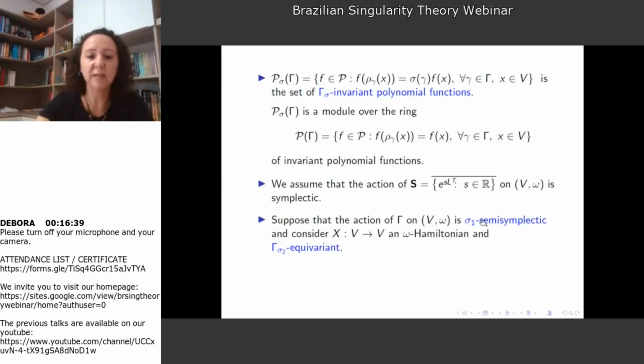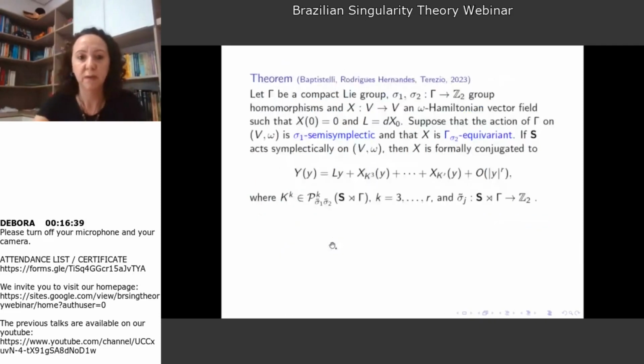Another thing is that we have a semisymplectic action, and we have two homomorphisms: sigma 1, in order to have a semisymplectic action, and sigma 2, to study symmetries and reversing symmetries of the vector field. So sigma 1 is associated to the bilinear form, and sigma 2 is associated to the vector field. So here we present our result.